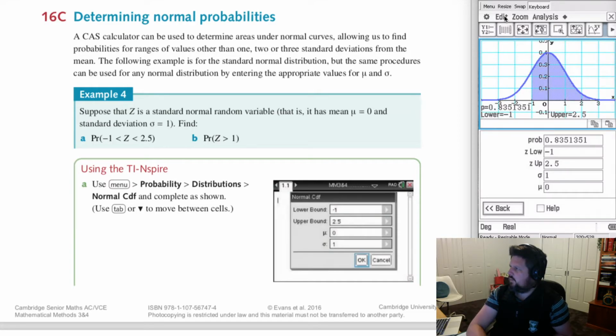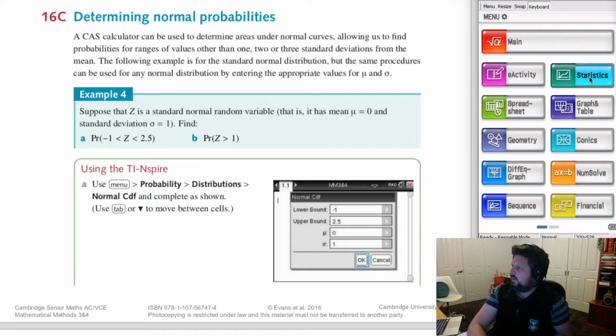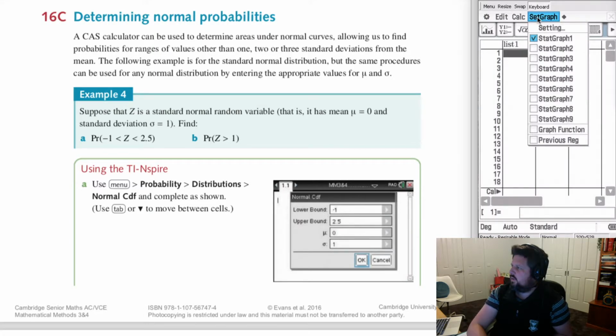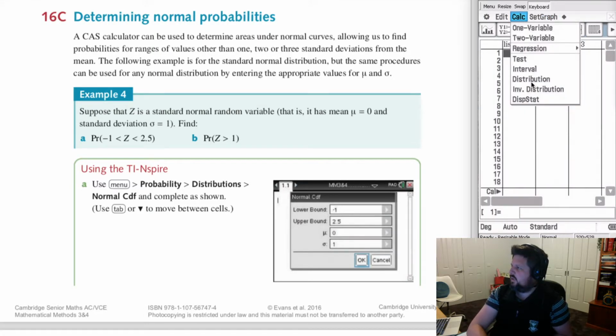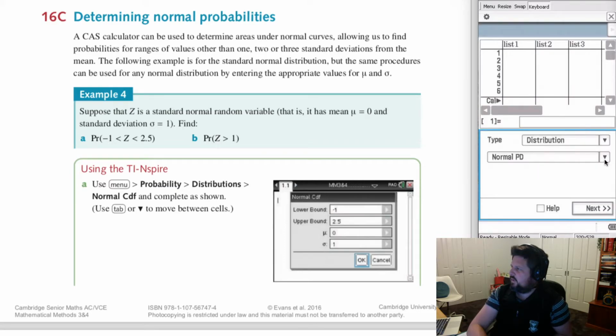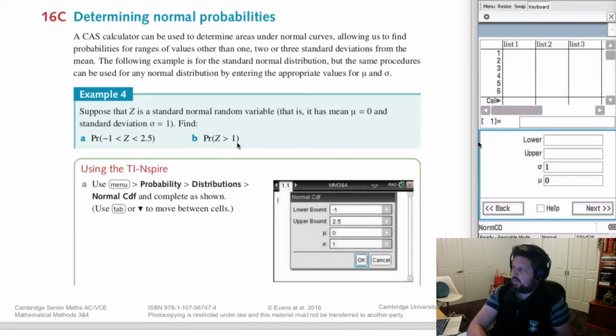Again, if you were going to do that for part B, statistics section, calculate, okay, distribution, normal CD. Where z is going to be greater than 1, the lower value is going to be 1 and the upper is going to be infinity.